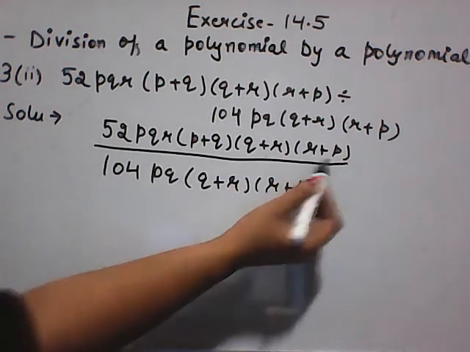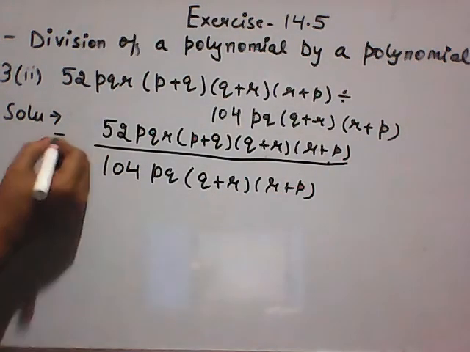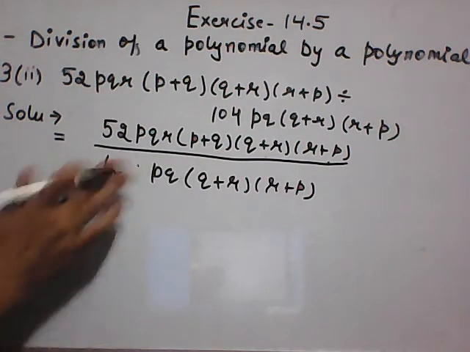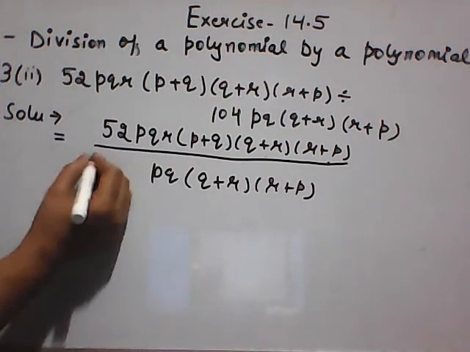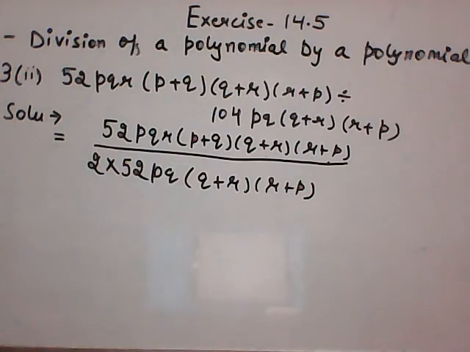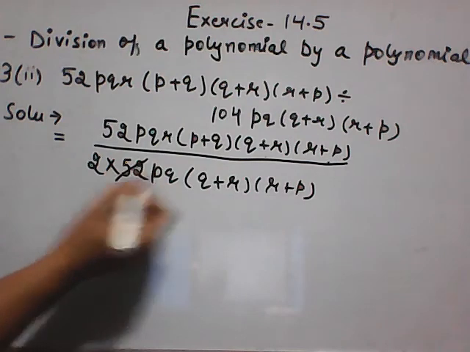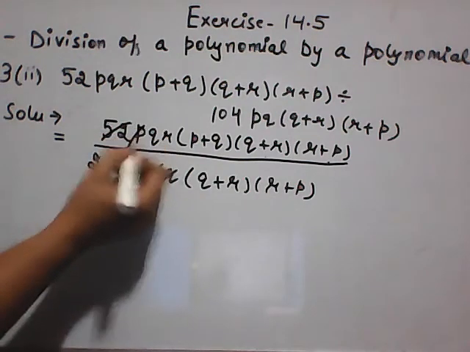All these factors are irreducible, so we cannot further reduce them. Now 104 can be written as 2 multiplied by 52. Both the numerator and the denominator have a common factor 52 PQ into Q plus R into R plus P. So these factors cancel out from both. 52 PQ is cancelled out with 52 PQ.